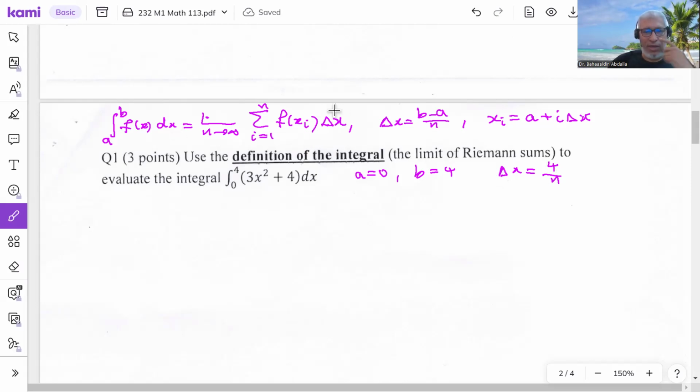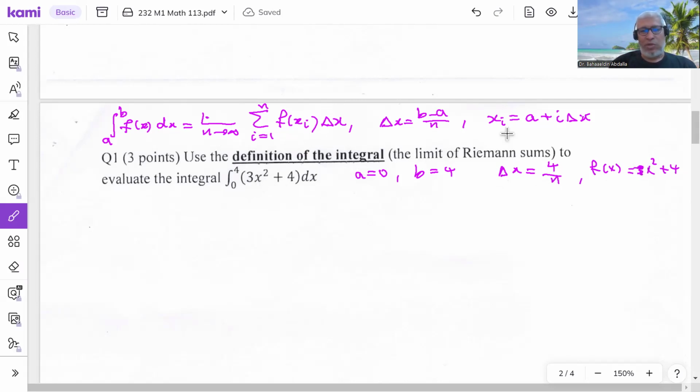So first I find delta x, then I find f of xi. What is f of x in this question? f of x is this one, inside the integral. So f of x is 3x squared plus 4.